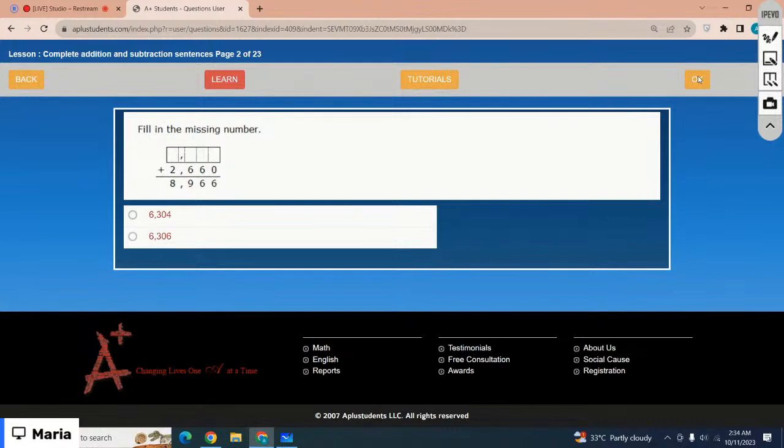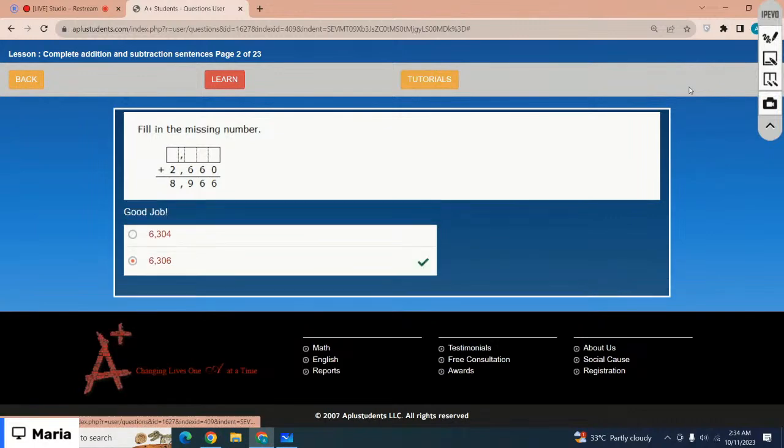Which is the correct option? B? Yes, 6 plus 0 is 6. That would be B. Very good. The correct option is B.